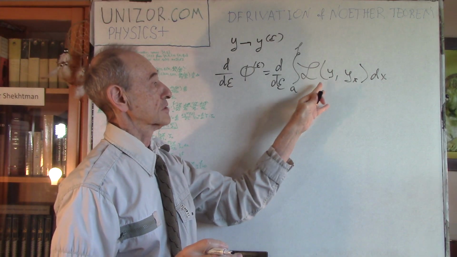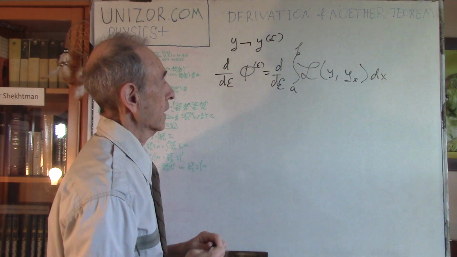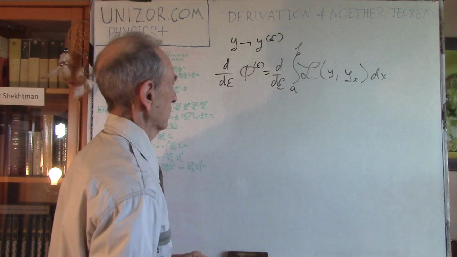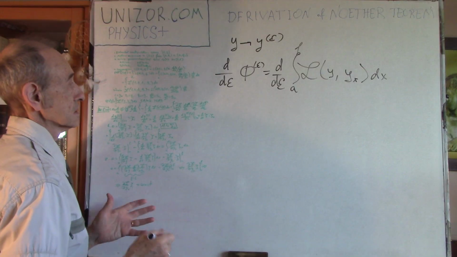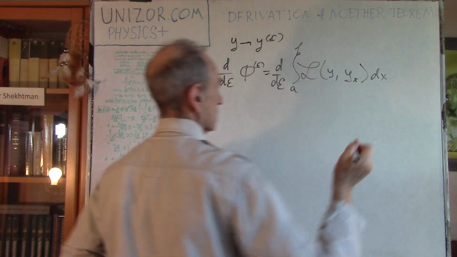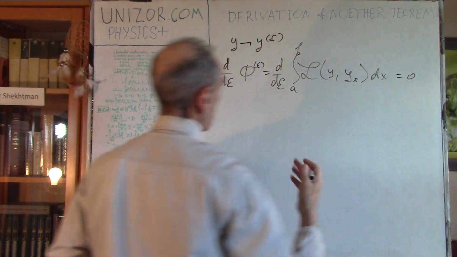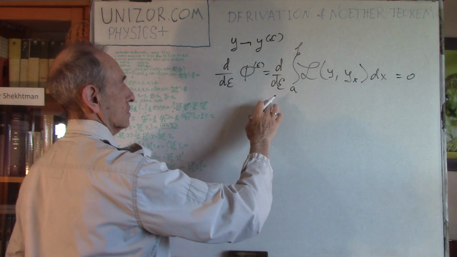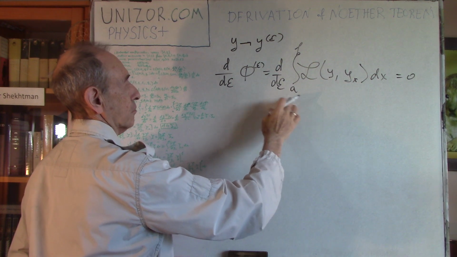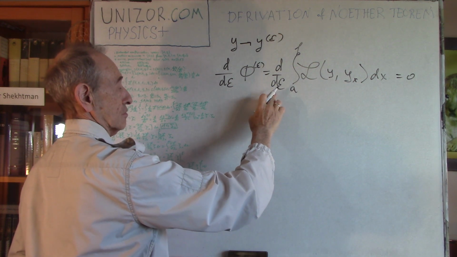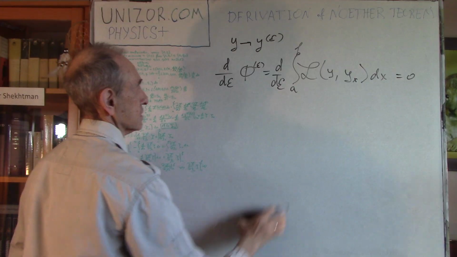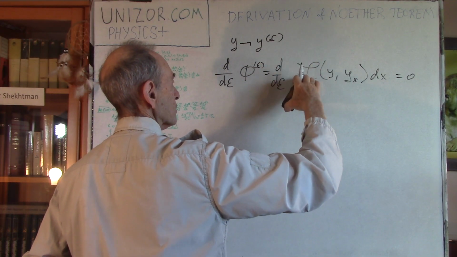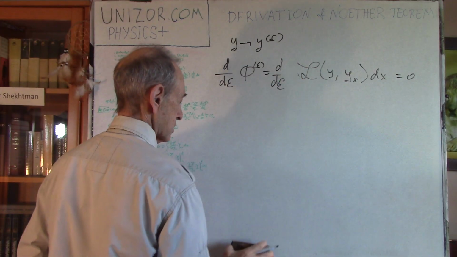Epsilon is affecting only the coordinates y and the derivative of y by x. Given that this is equal to 0, my first step is that I can interchange integration by x and differentiation by epsilon. There is no problem with this. Again, with all the nice smooth functions, I can always do this.